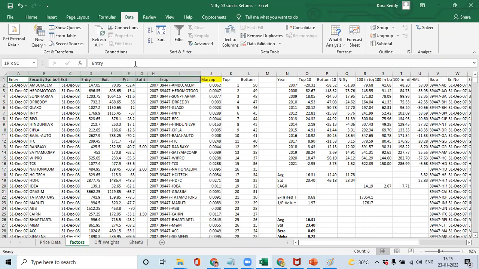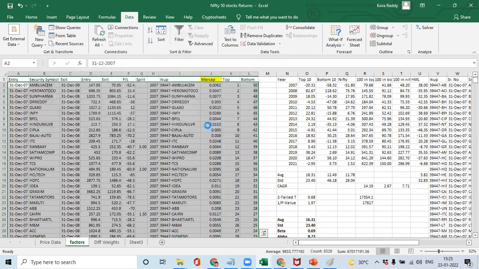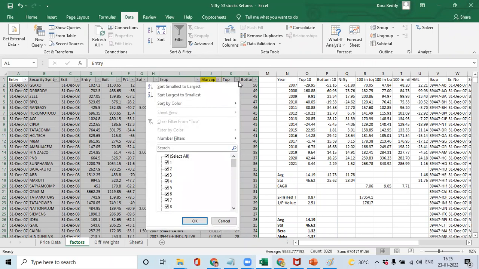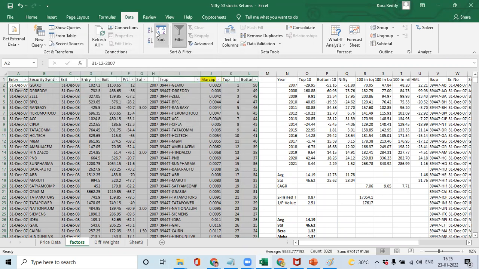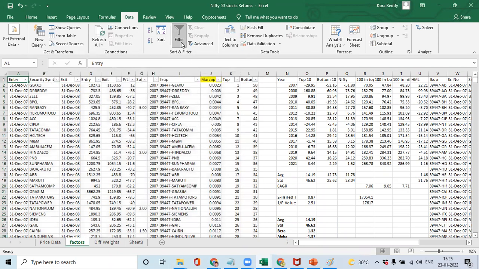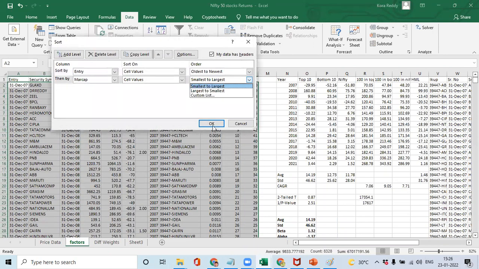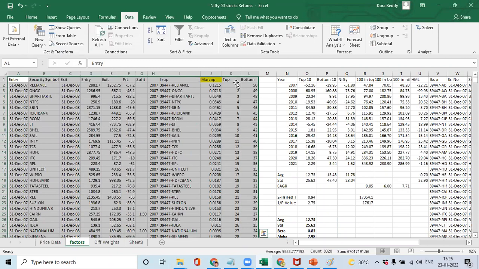I'm selecting just the top 10 so that we don't complicate. Filter, just top 10, largest to smaller.